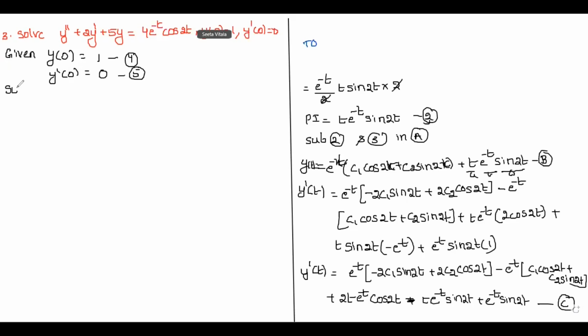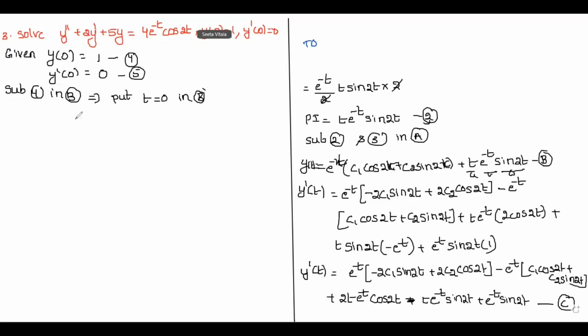Now substitute 4 in B, which implies put t is equal to 0 in B. So y of 0 is equal to 1 implies you have to substitute 0 in the place of t.